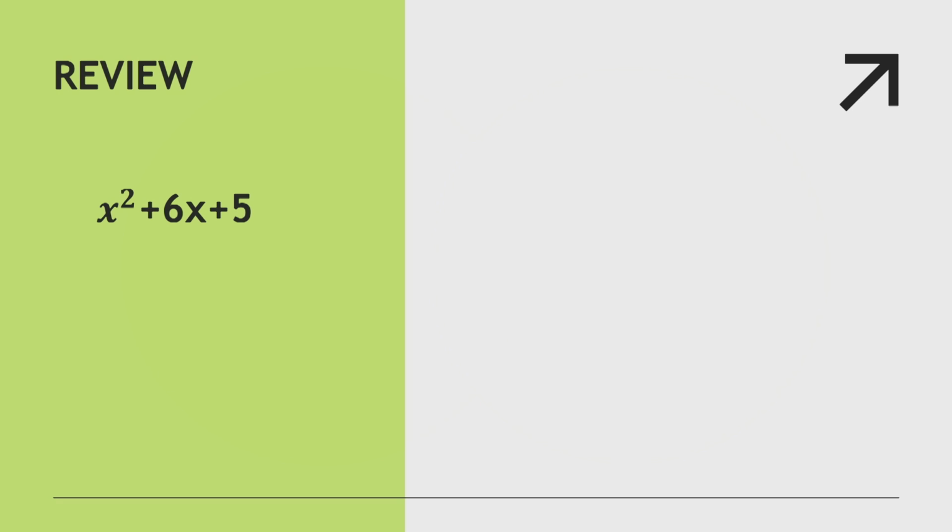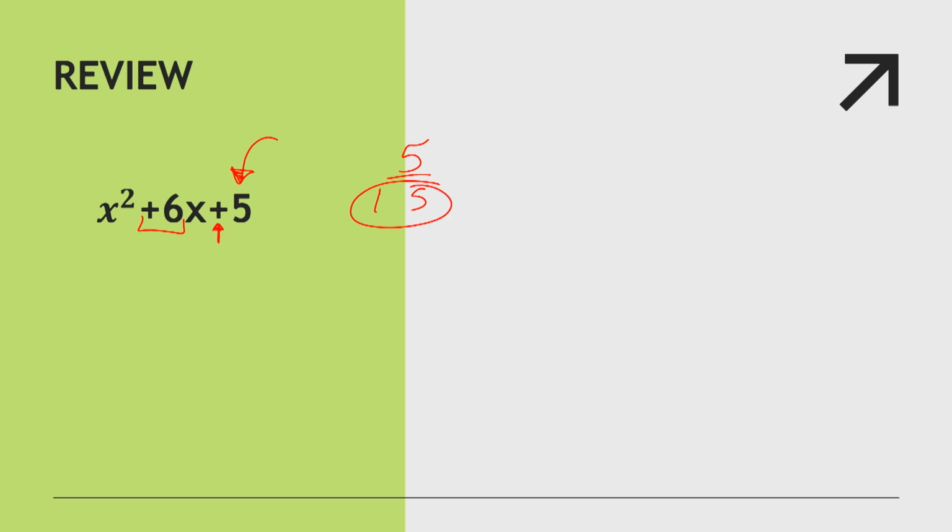The first thing I want us to do is review what we did when we had just a quadratic where a equaled 1. I took the factors of my c that did my second operation, which was add, that gave me my b. So the factors of 5 are 1 and 5.